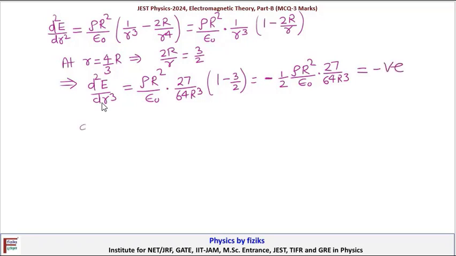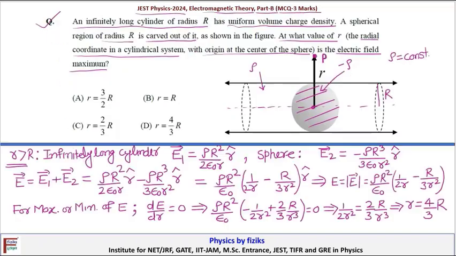So at r equal to 4 by 3 R, E is maximum. E is maximum. So now from the given options we can check that option D is correct.